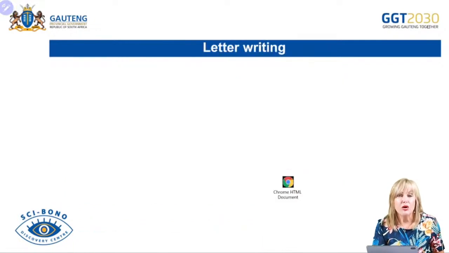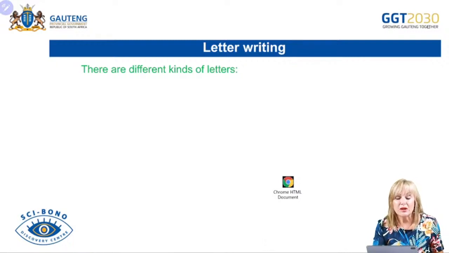Then we go to the longer transactional. Now in longer transactional, I'm going to spend a little bit of time on the letter writing, because there's always a letter, some or other form of a letter. And you must realize and remember that there are different kinds of essays. You might not write all the types this year, but you have written these different essays in your school career. Sometime you must have written it.